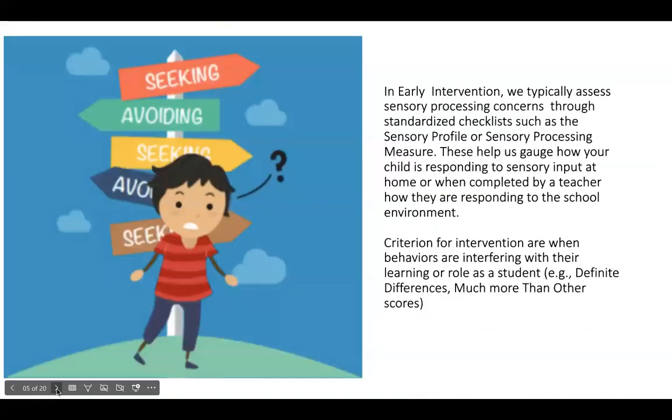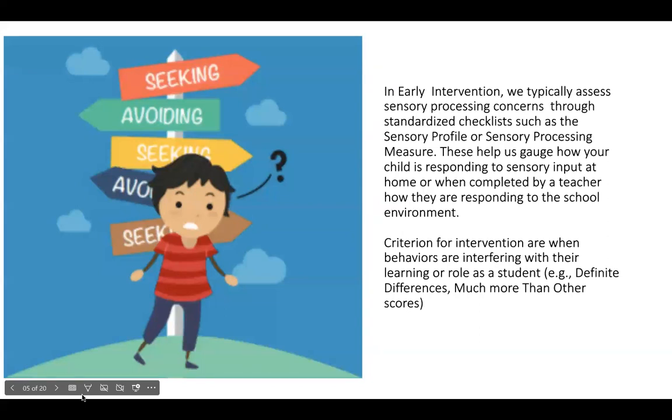In early intervention, we typically assess sensory processing concerns through standardized checklists. We'll do either interviews, a parent checklist when you start, or if there are more concerns, we can do a sensory processing measure or a sensory profile.